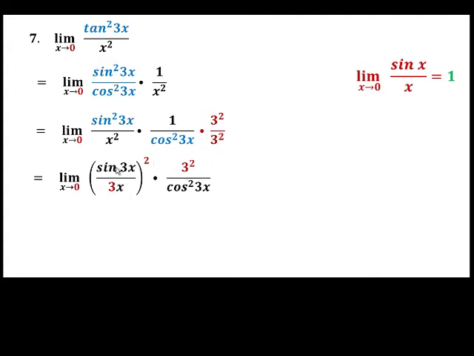So this fraction is equal to 1 according to the theorem. Here, as x approaches 0, cosine of 0 is equal to 1. So we have this equal to 1, and 3 squared over 1 squared. As we evaluate, that is equal to 9.